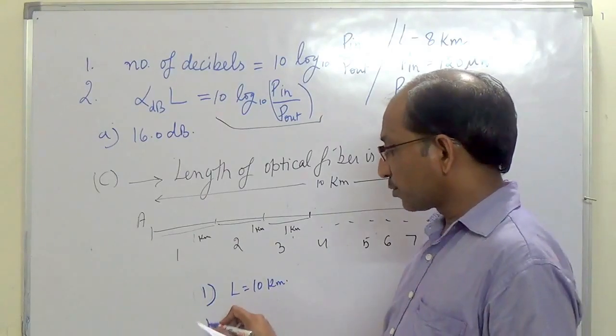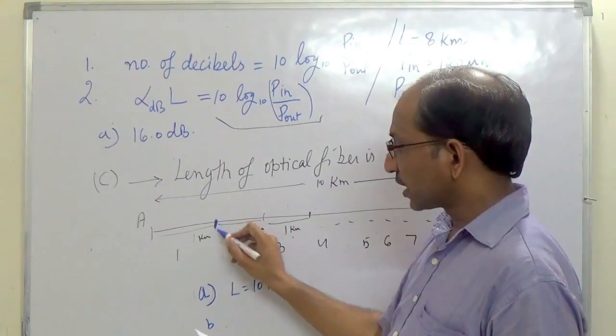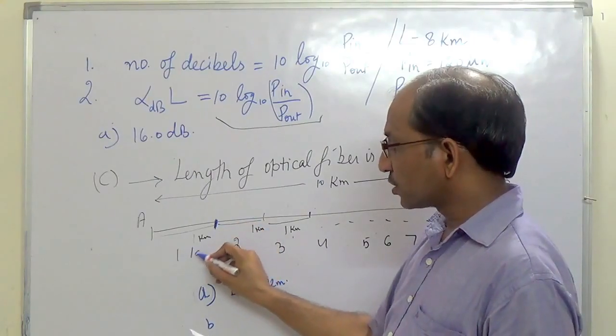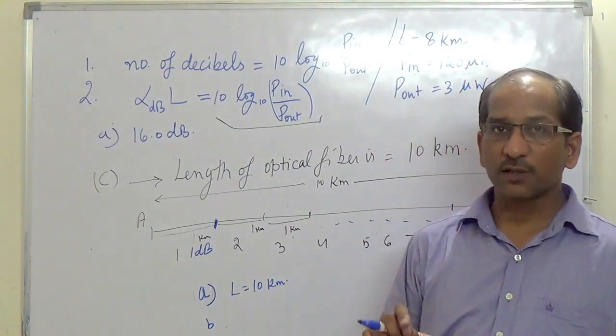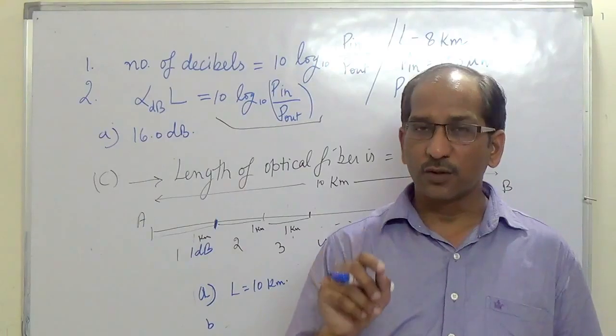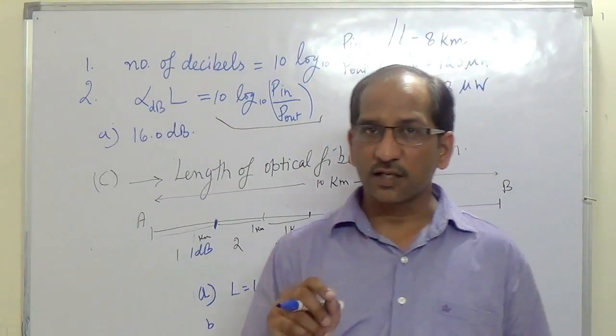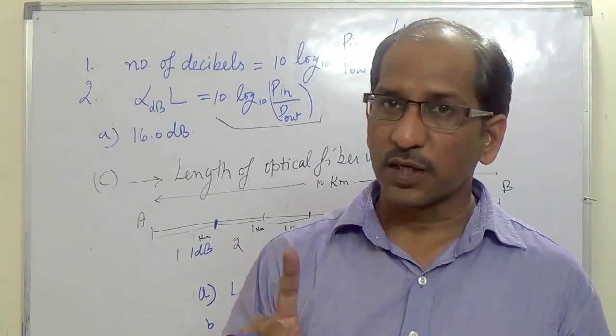And the second point they are saying is that because of each connector there is a loss of signal of 1 decibel. At 1 kilometer interval there is a connector, and because of that the signal loss is of the order of 1 decibel.